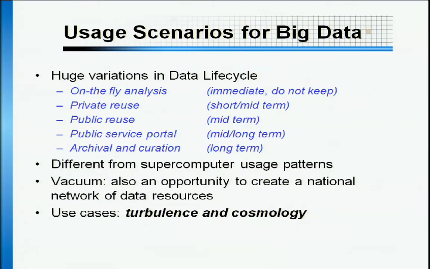Public reuse is when we actually make the files available, and some simulations have done this. This works, again, up to a few terabytes of aggregate data volume, when people have to download the files and read the file formats on their own machines. This doesn't require that much of an investment other than a stable file server.